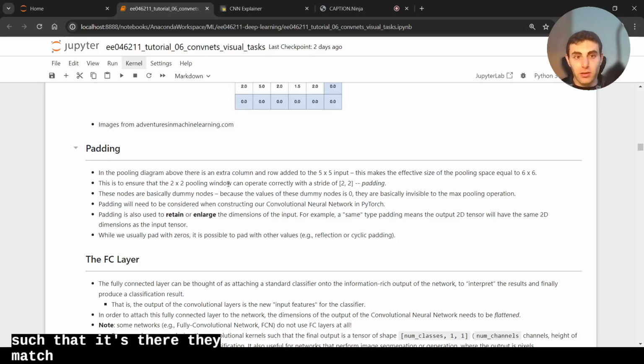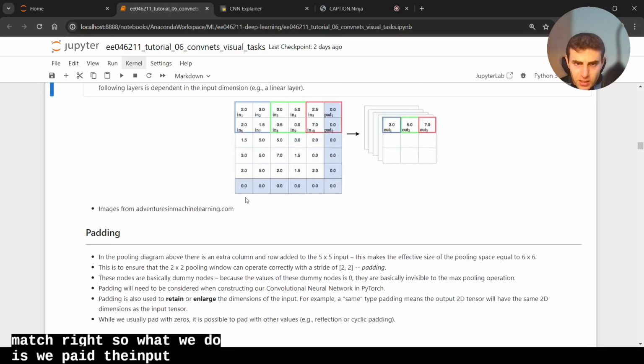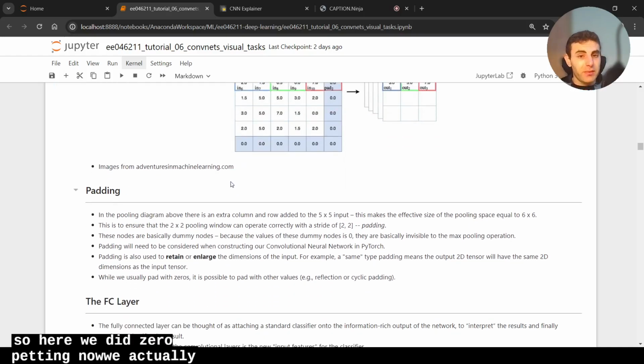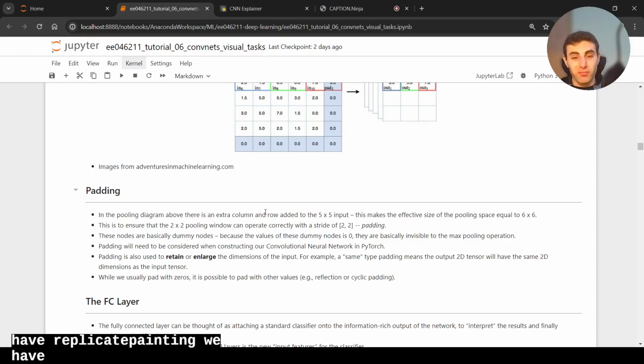So what we do is we pad the input. Here we did zero padding. We actually have names for types of padding: zero padding, reflection padding, replicate padding, and more. We'll discuss them in the next tutorial.